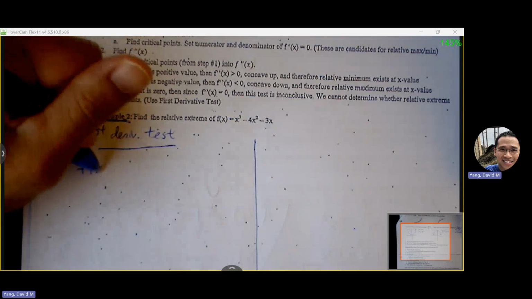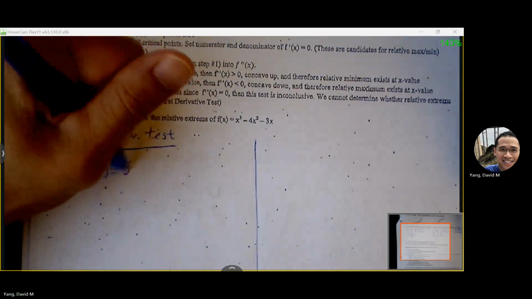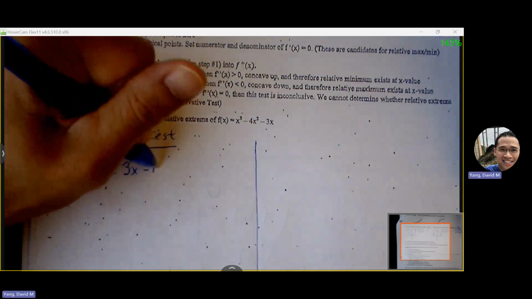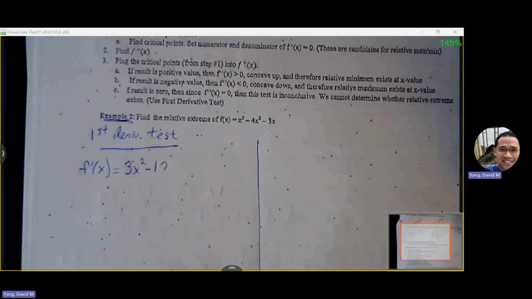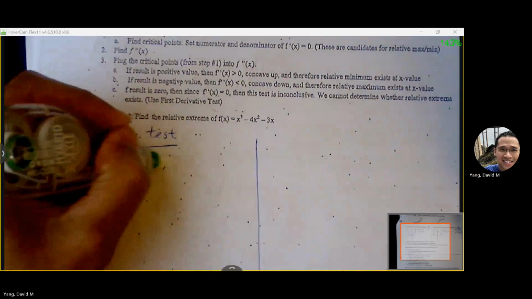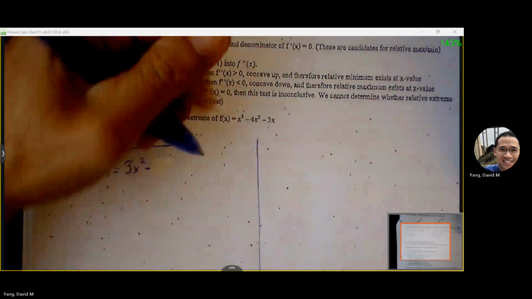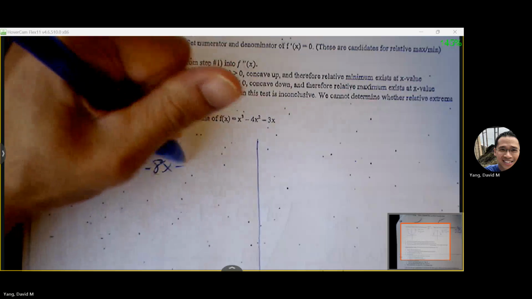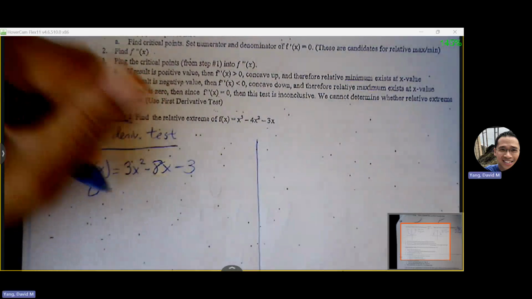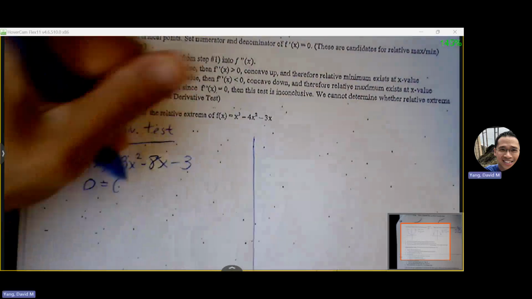So f prime is 3x squared minus 8x minus 3. Set f prime equal to 0. Go through our factoring.